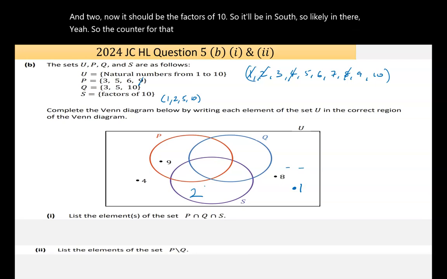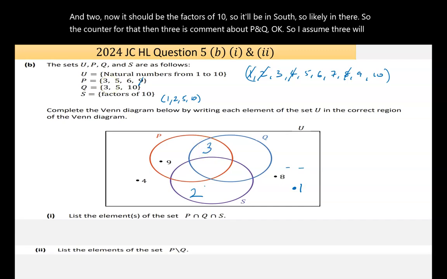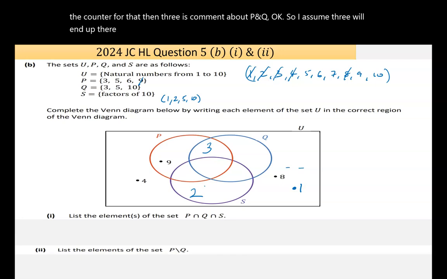Then 3 is common to both P and Q. So I assume 3 will end up there. Then 4 is accounted for. 5 is in set P and Q, but also in the factors of S. So 5 is common to all three sets.